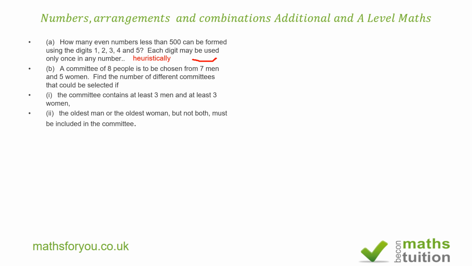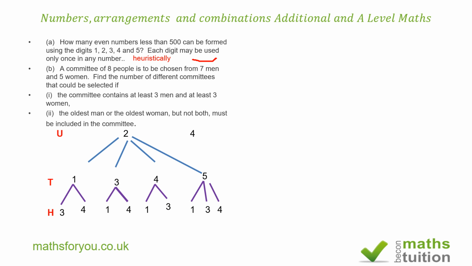Now to do that, I've relied on our old friend, the tree diagram. So firstly, the two numbers we can form will be the numbers 2 and 4. So the first two even numbers we can form will be 2 and 4. Okay, and this is units and tens and hundreds here.